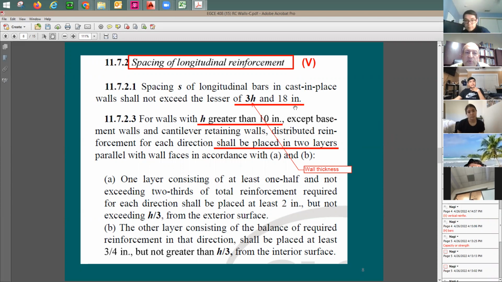In our design, we like to use 16. 16 is a very common number in our design. We'd like to go 12 inch, 16 inch, stuff like that. It's giving multiples of 8 inch spacing. It says here in this section 11.7.2.3, for walls greater than 10 inch, you should have 2 layers here.